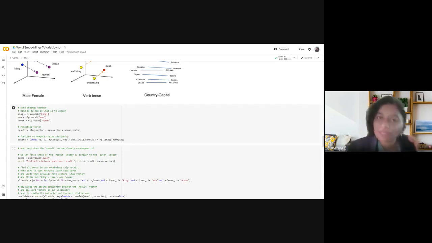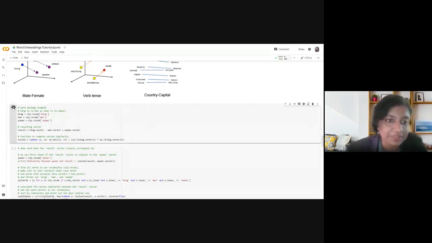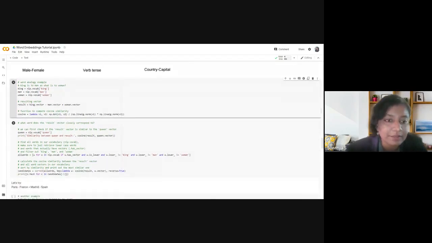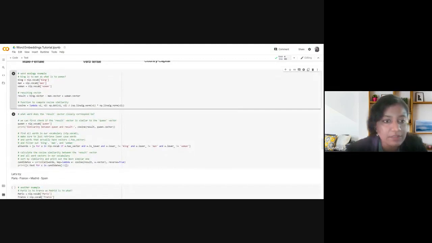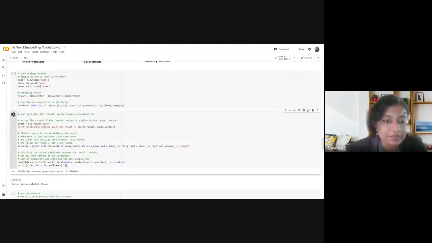And it also doesn't make sense because we cannot say that this particular vector will represent a word. Maximum what we can say is this is the closest vector we get. So here we are forced to define our own cosine function. And we'll be saying how close the word queen is to the result.